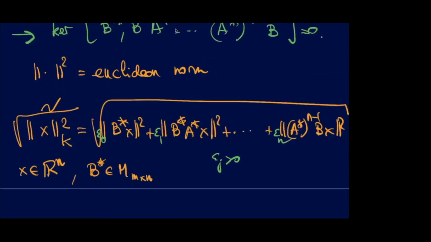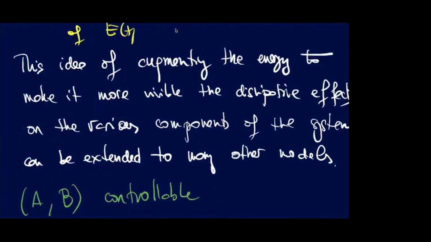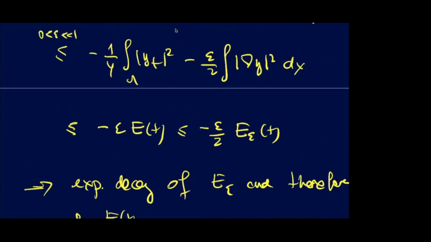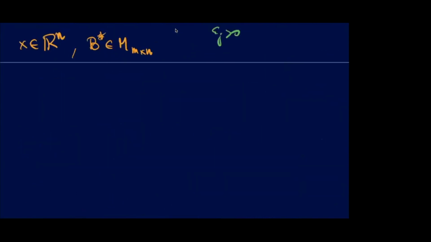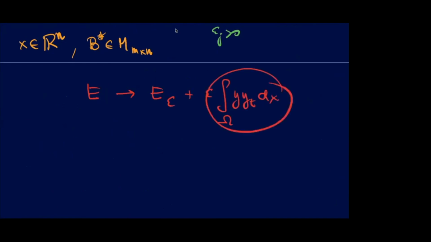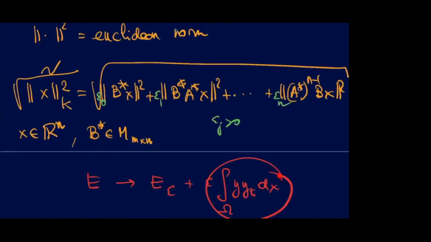So when you look at what we did here for the wave equation, when we moved from, say, the energy E into the energy E epsilon, which is E plus epsilon times the integral of y times y t dx.